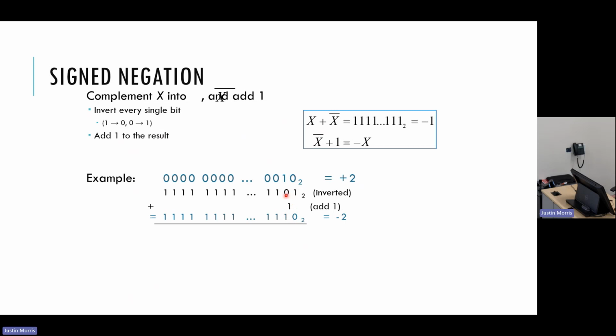So we flipped all the bits here, and then now we have 1 plus 1, 0, 1, and then 1 plus 0 is 1. And this is now -2. So those of us seeing this for the first time, is it okay? I'm not hearing any response.